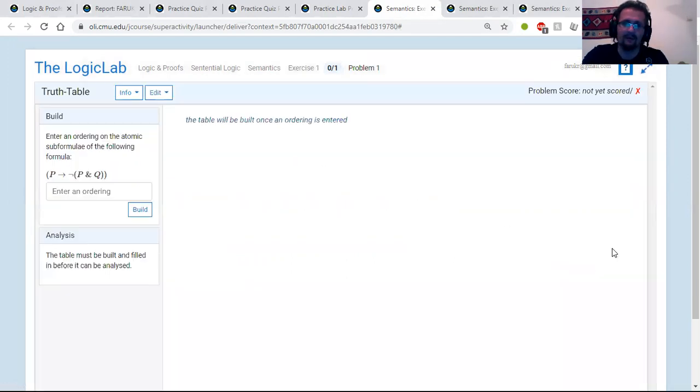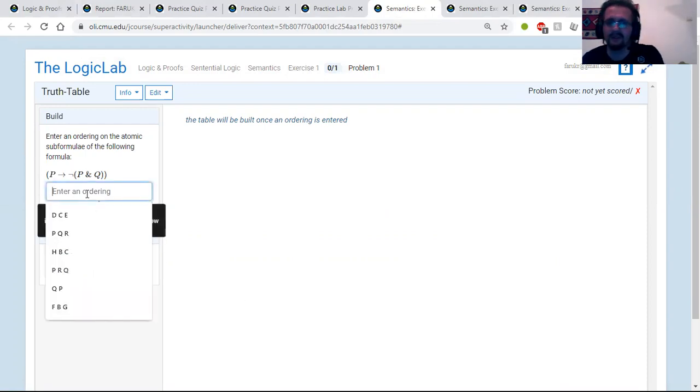That's actually pretty straightforward. All right, so the first thing we need is to enter an ordering on the atomic subformulas of the following formula. So the atomic subformulas are the individual letters, and they're asking us to put in the letters that we're going to check whether they are true or false.